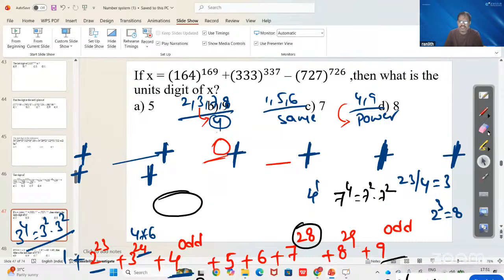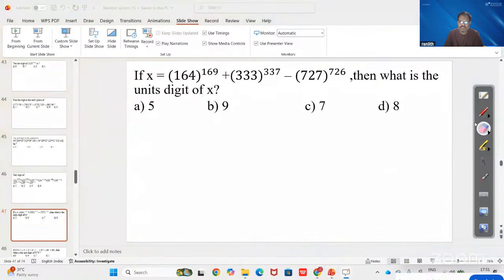Next, what is the answer? So what is the answer for this one?